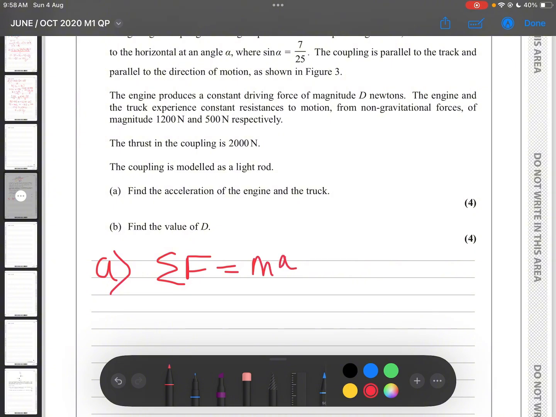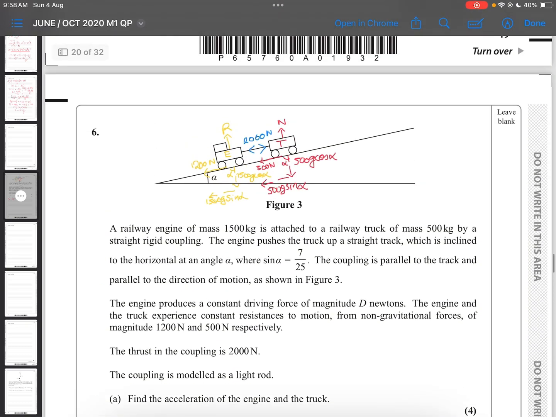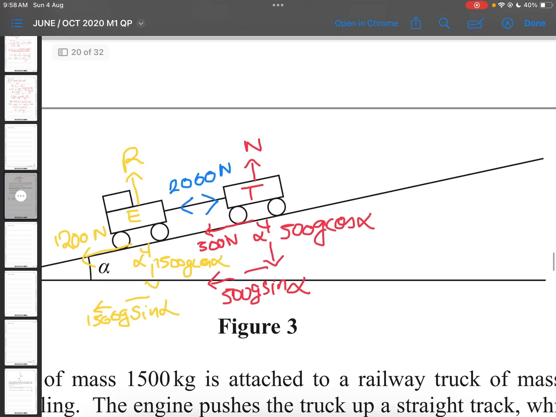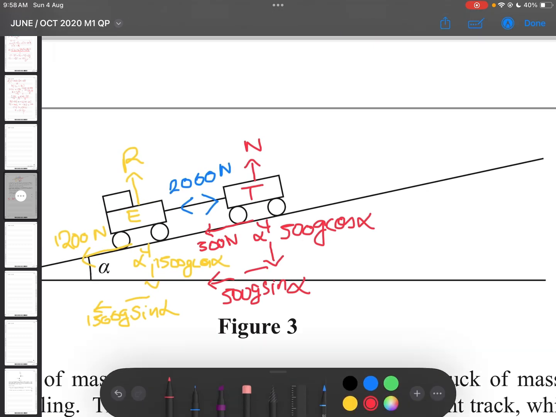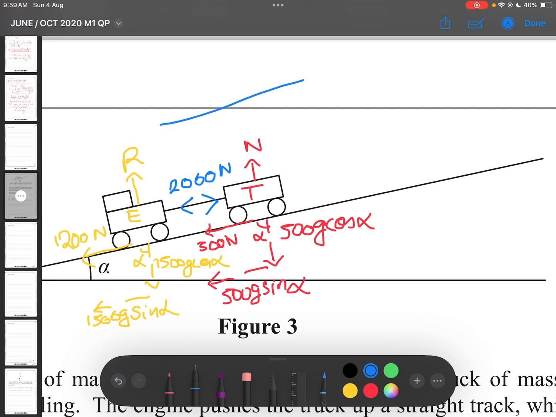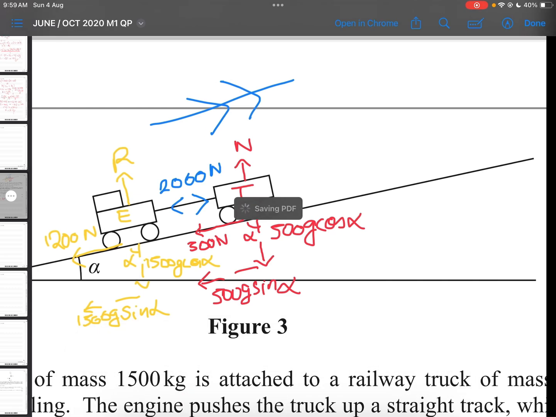We have the mass, we need to find the acceleration, so let's find the resultant force. For the truck, as it is moving upwards, the 2000 newton force acting forward is much higher than the forces acting backwards on the truck, which are the 500 newtons resistive force and the 500 g sin alpha, which is the component of weight acting to the left. So now let's add them up.